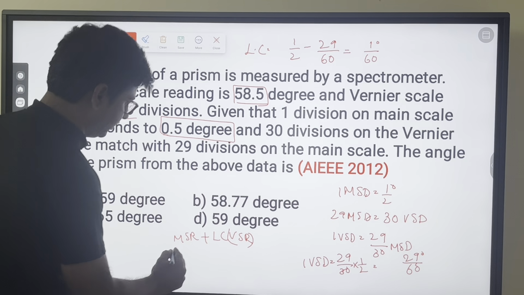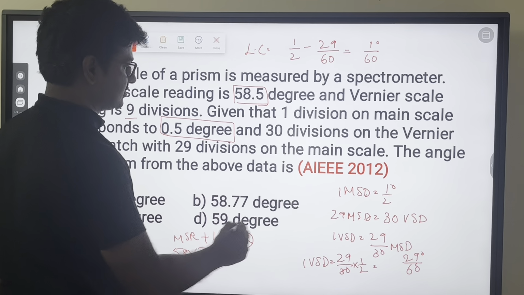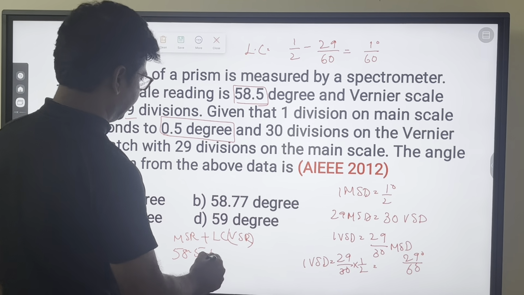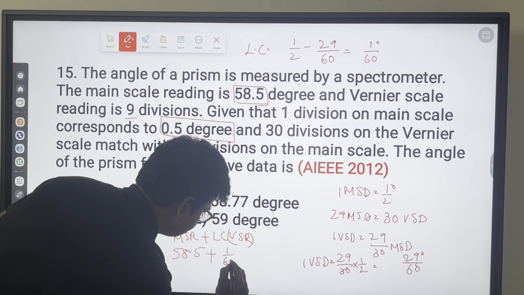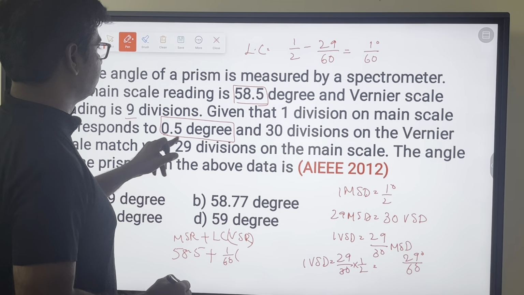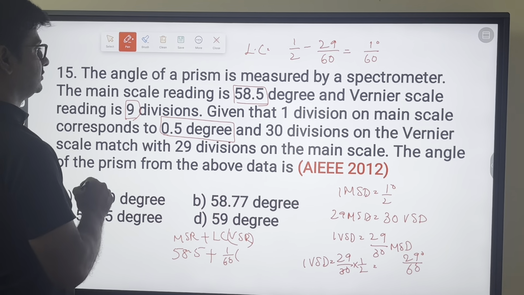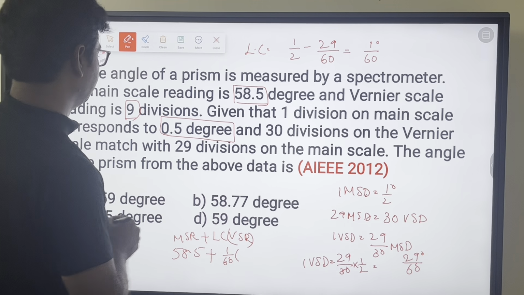So that is equal to 58.5 plus least count, which is 1 by 60, into the coinciding division.